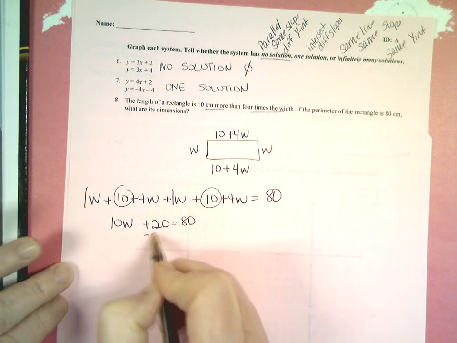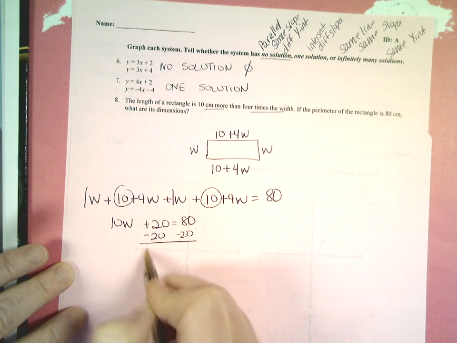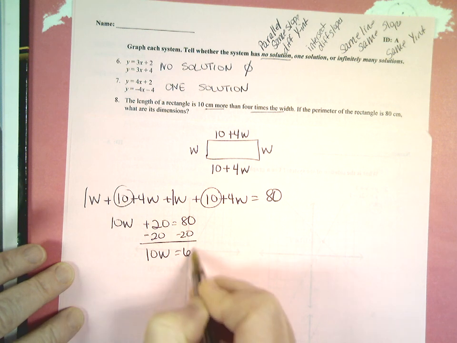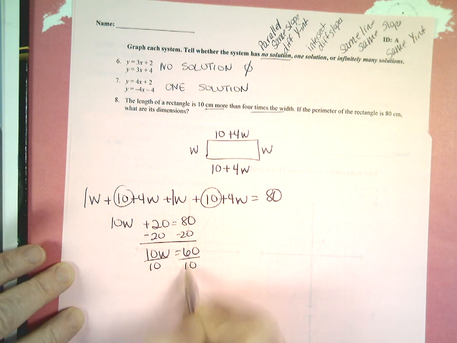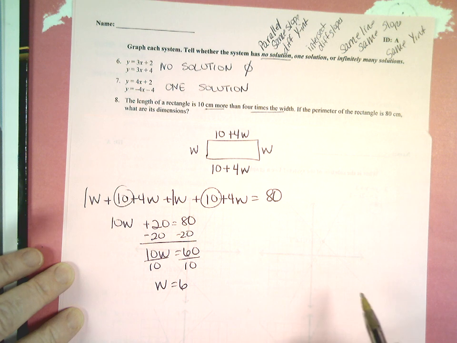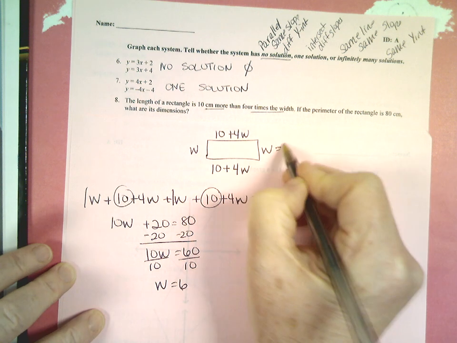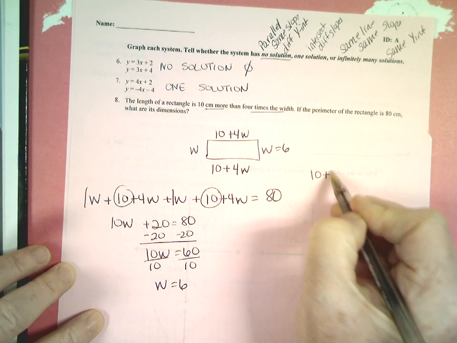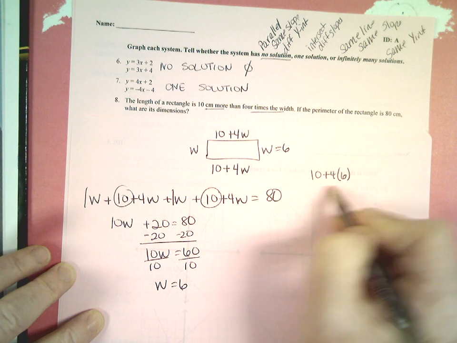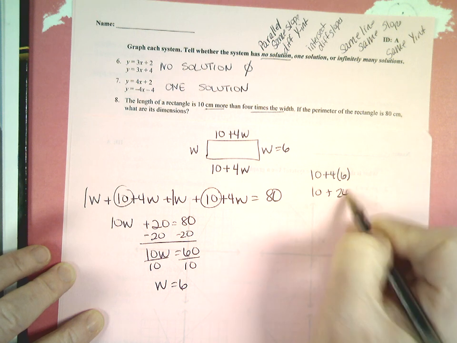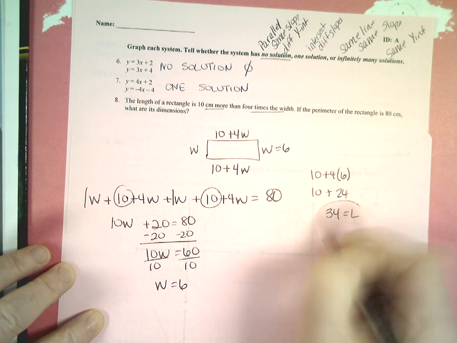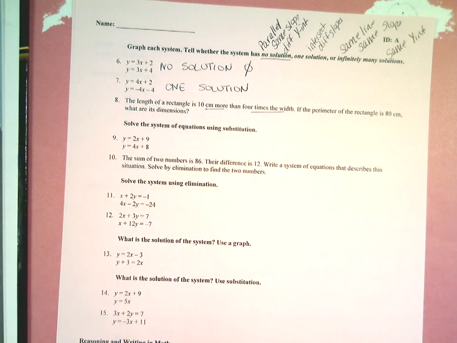Solve. 10W equals 60. Divide by 10. W is 6. If W is 6, then 10 plus 4 times 6 is 34 for the length.